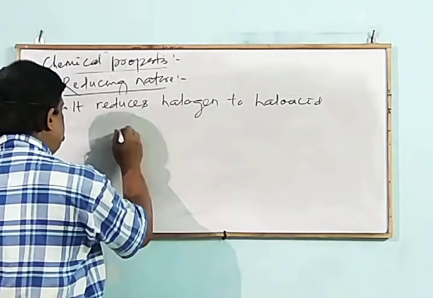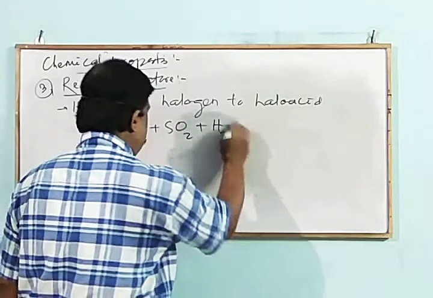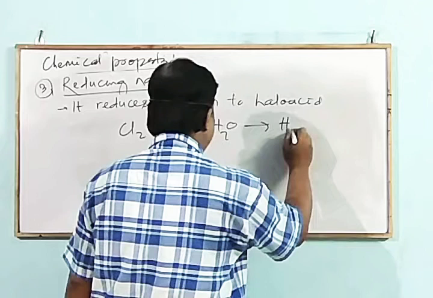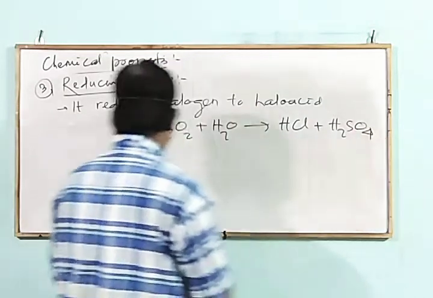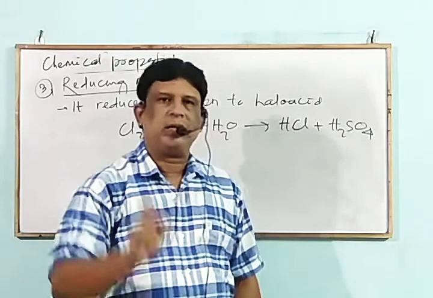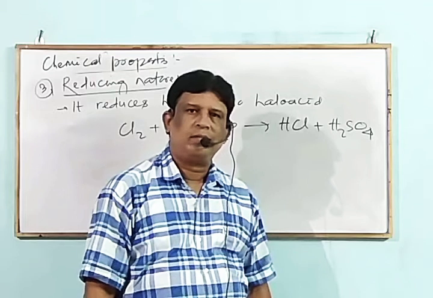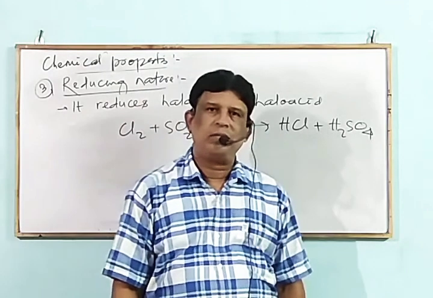Mark that. Cl2 plus SO2 plus H2O give rise to HCl plus H2SO4. That means here chlorine changes to hydrochloric acid. These are some examples under the reducing nature.